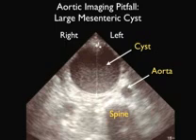Notice there that the cyst here, in fact a large mesenteric cyst, sits anterior to the aorta. So this was an interesting image, but one that was initially construed as an abdominal aortic aneurysm, but on closer inspection was seen as a large mesenteric cyst. Also, on application of color power Doppler, the cyst did not light up, and the abdominal aorta posterior to the cyst had color flow pulsations.